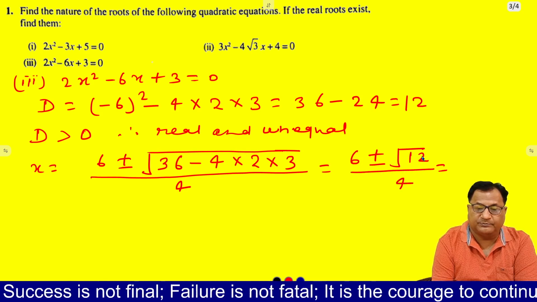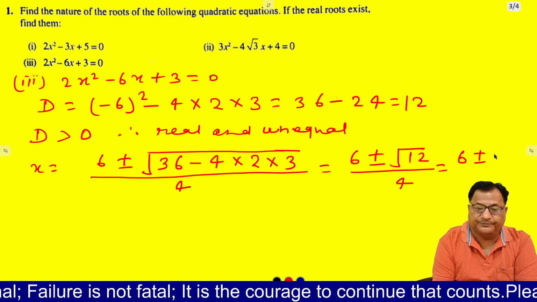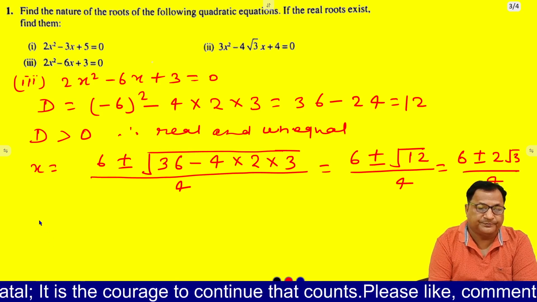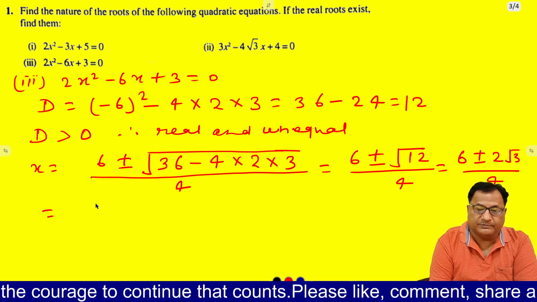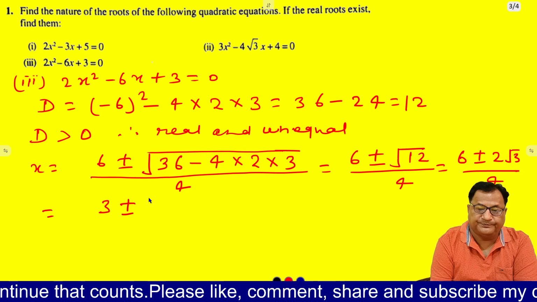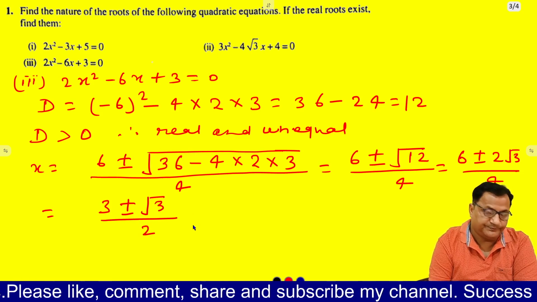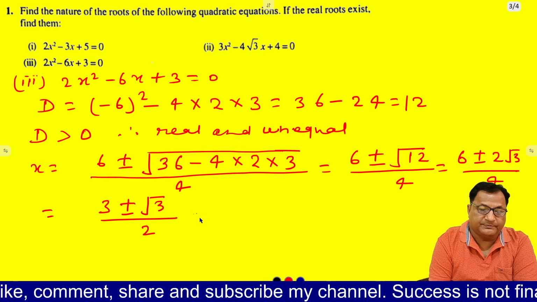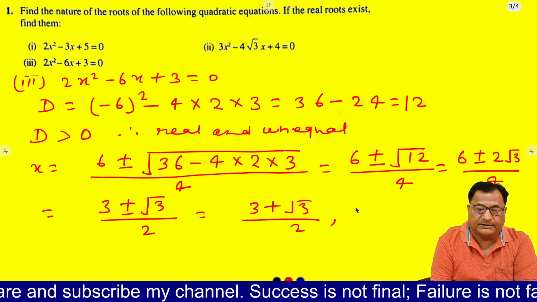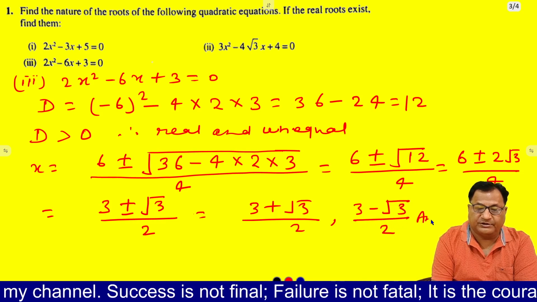If we take out 4 from here, then it will be 2. So 6 plus minus 2 root 3 by 4 is equal to, if you divide by 2, 3 plus minus root 3 by 2. This is the answer. The roots will be 3 plus root 3 by 2 and 3 minus root 3 by 2.